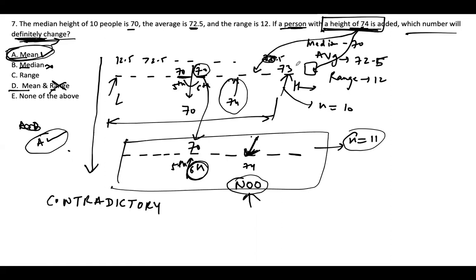Let's say maximum height was 80. But in this case, will the range change? Please read the question carefully. Definitely change. Irrespective of this value of height, the range will definitely change. Is it true?